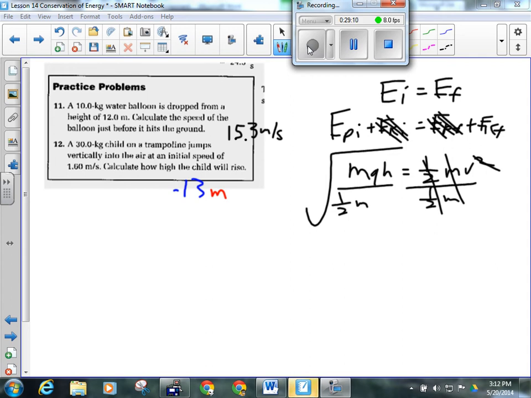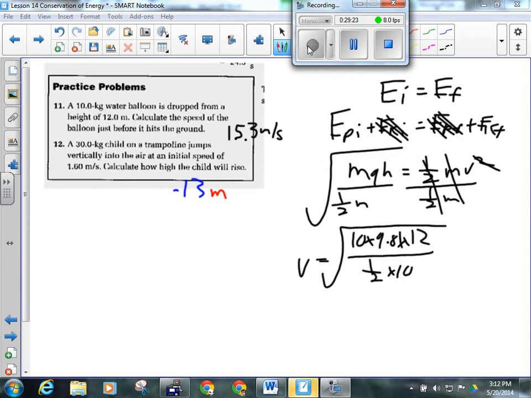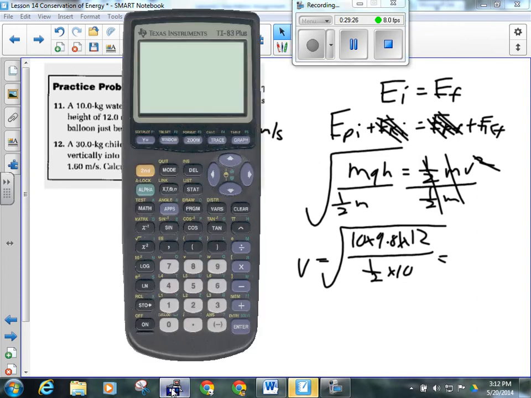Okay, so when I plug in the numbers, v is going to equal 10 times 9.81 times 12 meters, the initial height, so that's m times g times h, divided by 1/2 times the mass, which is 10. All right, so we got 15.3 meters per second.